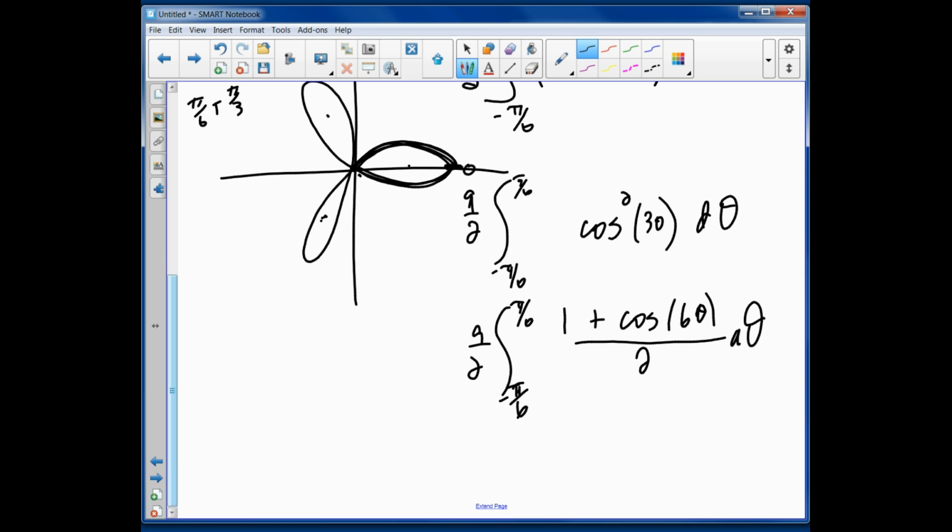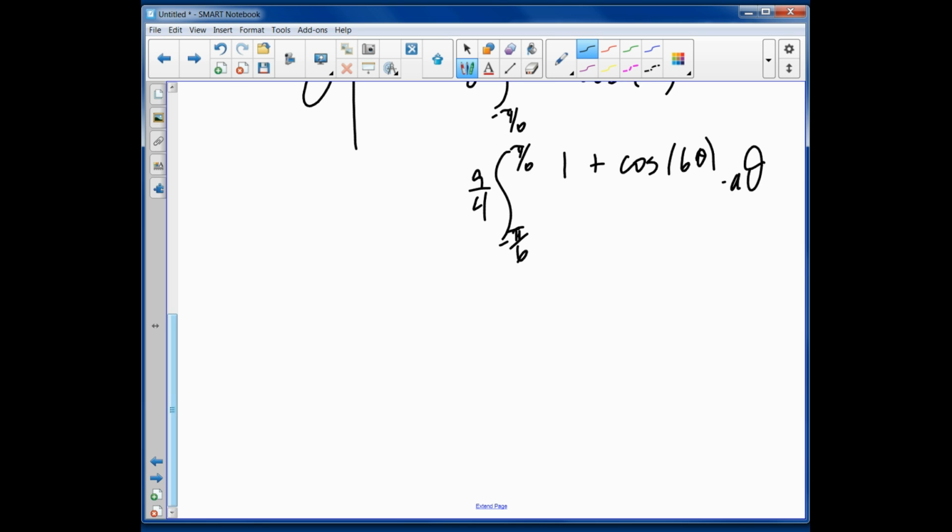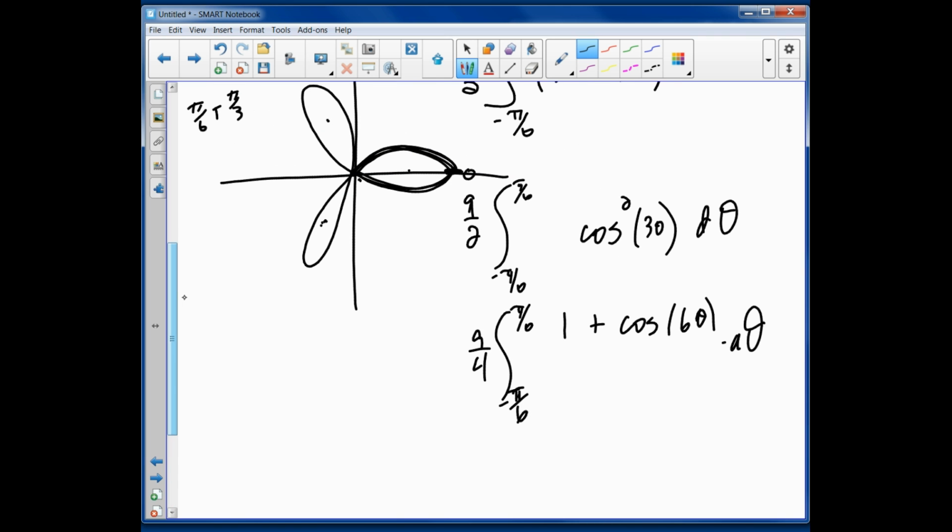You wouldn't be able to multiply both by 2, would you? Because there was a half on the bottom, so if you multiplied the whole thing by 2, it would be 9, the integral, and then 1 plus cosine 6 theta.